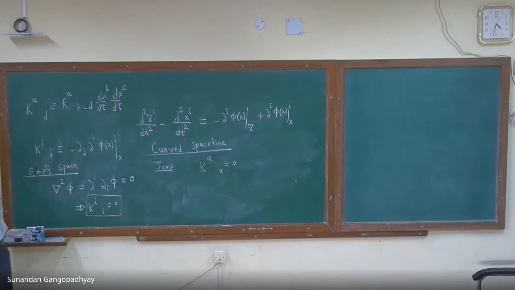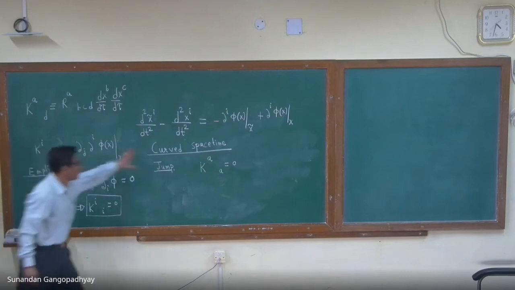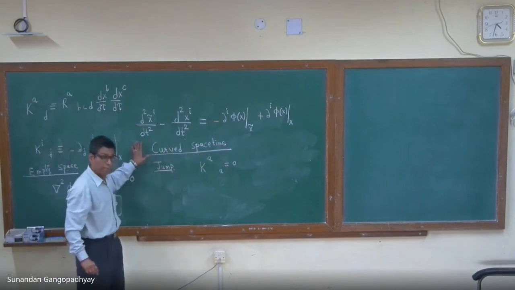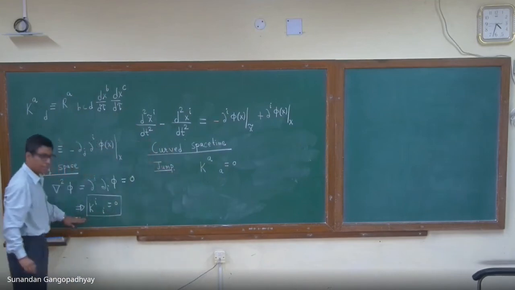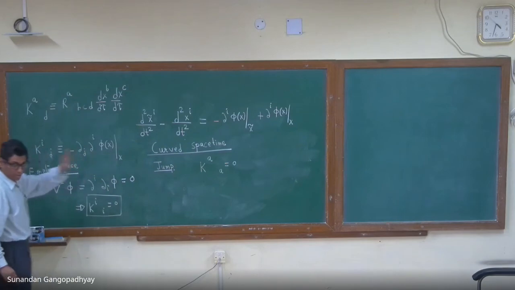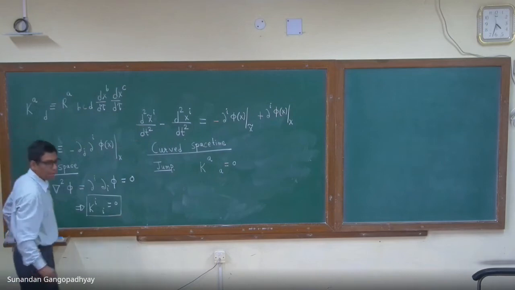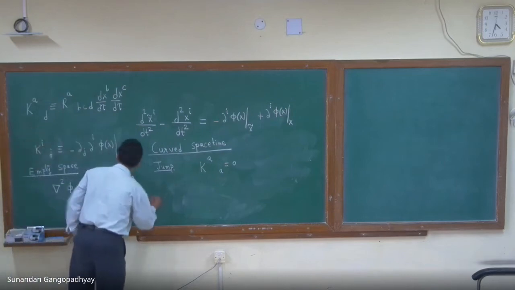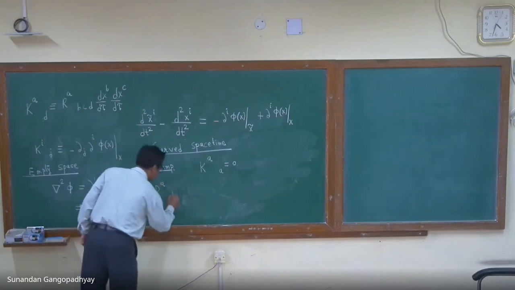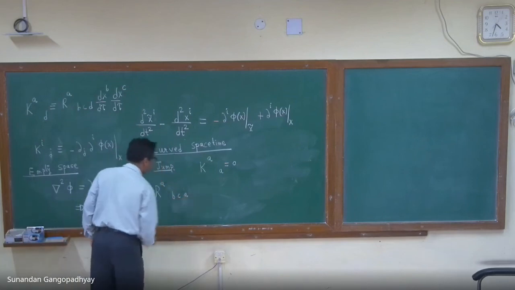This was the equation. So if the equation in free space, in empty space, in curved space, this is also empty space by the way. Whatever I am doing is empty space. So this is a generalization of this equation in empty space in the Newtonian case to curved space time. All this is in empty space. So if K is equal to 0, then you put D equal to A here. So let us see what we get. If I put D equal to A here, then I will get R A B C A.